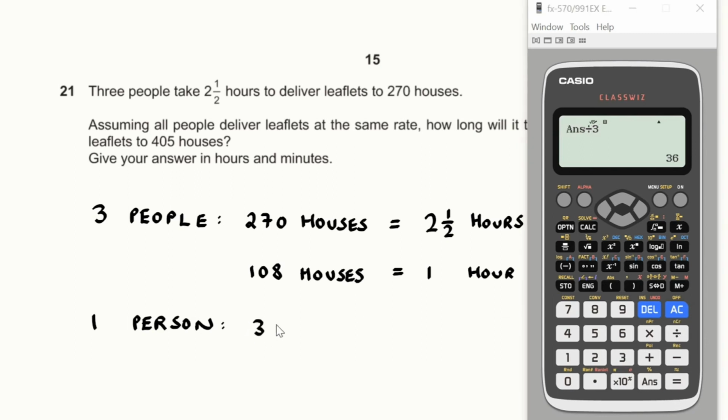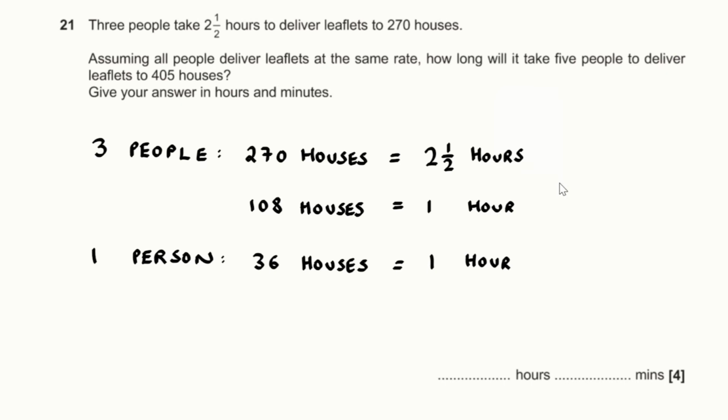So we get 36 houses in 1 hour. So now, if we are looking for information about 5 people delivering leaflets to 405 houses, well, for 5 people, how many leaflets can be delivered in 1 hour?